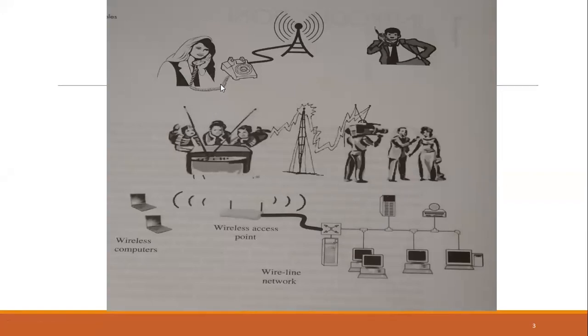So the first picture is showing that a lady is talking with a man, and here she is using a simple cord phone, and here there is a cordless phone, or you can say a mobile phone, and there is a system which is used to transmit the signal from one place to another place.